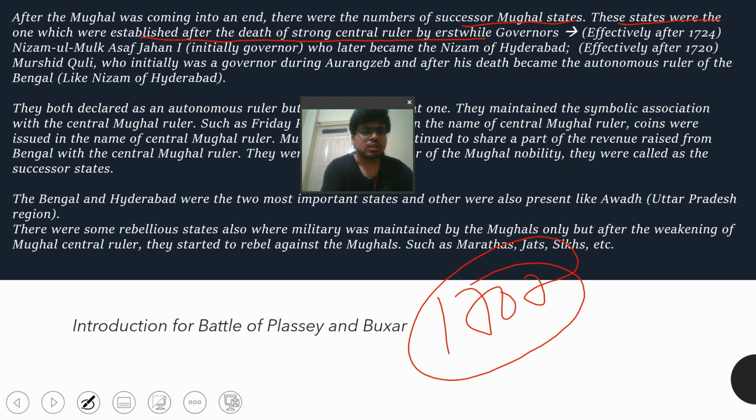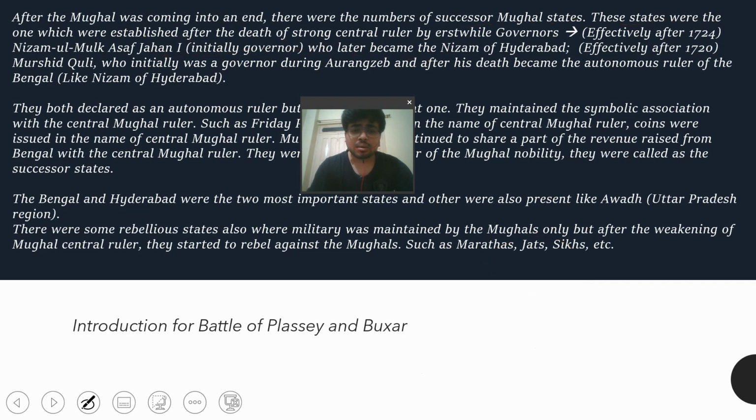Nizam ul Mulk Asaf Jah, initially the governor, later became the Nizam of Hyderabad. He was actually ruling under the Mughals earlier.